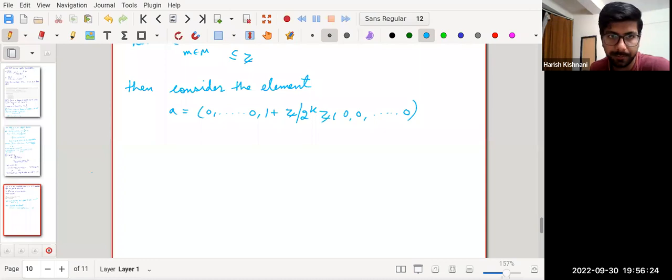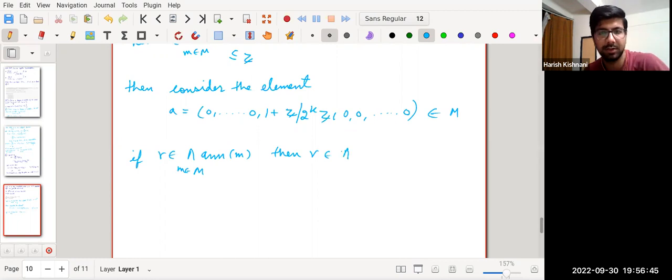So if r belongs to the intersection, this is definitely inside your module M, r is in the intersection of all elements, then definitely r has to be inside the annihilator of this a also, which implies that r·a should be 0.